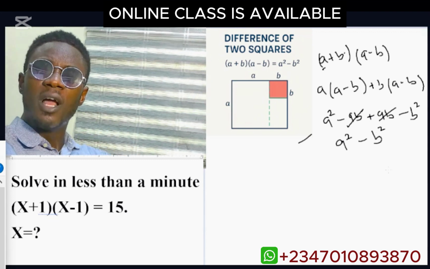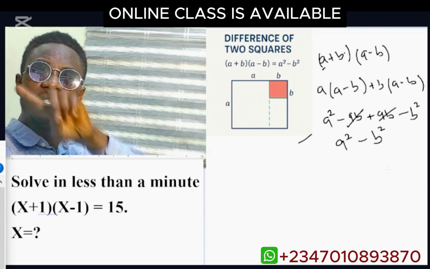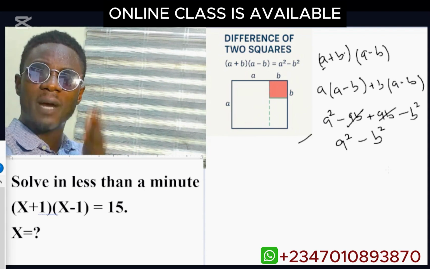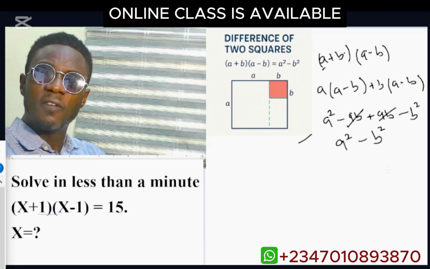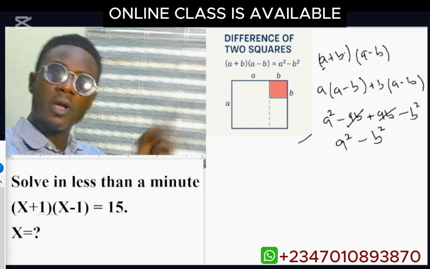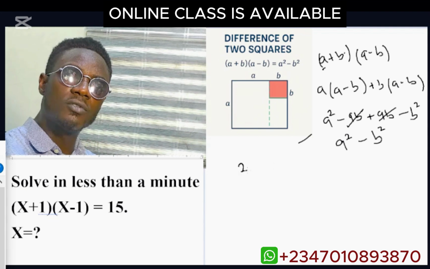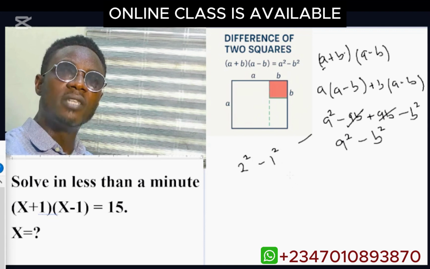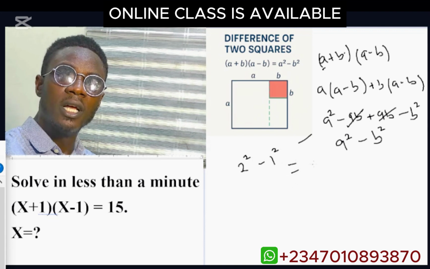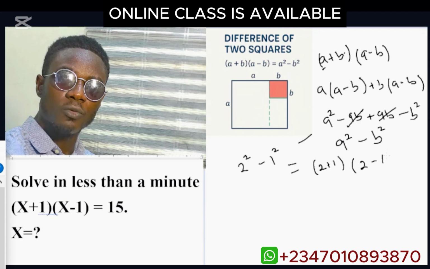We have been able to identify that anytime we have something in this form, (a + b)(a - b), we automatically know that we can simplify it into a² - b². The same thing applies now. For example, 2² - 1² can be written as (2 + 1)(2 - 1).